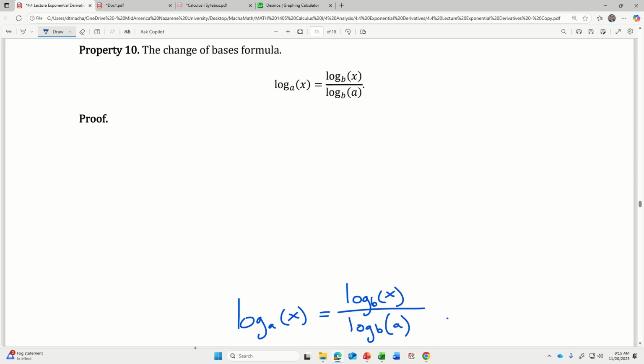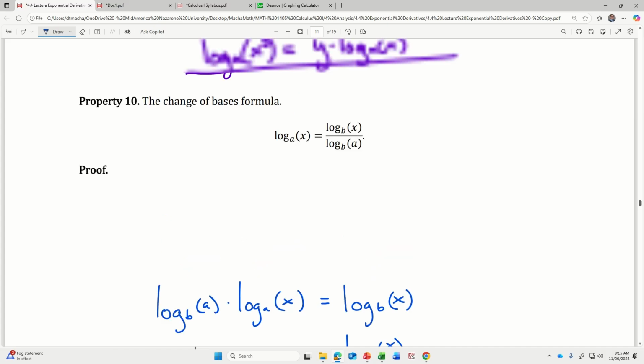And by work backwards, I mean I'm going to write the line log base b of a times log base a of x is equal to log base b of x. Do you see what I did? I said I don't like that denominator. I'm going to multiply both sides by that. And then what I'm thinking is, what did I just learn in property number 9?